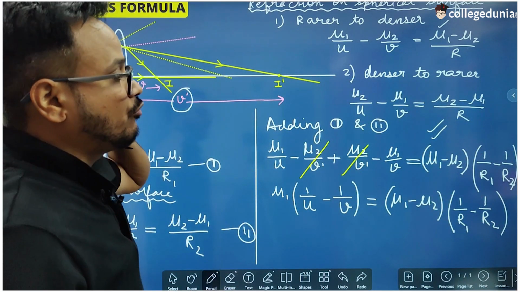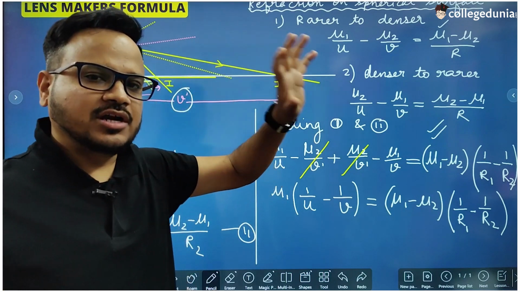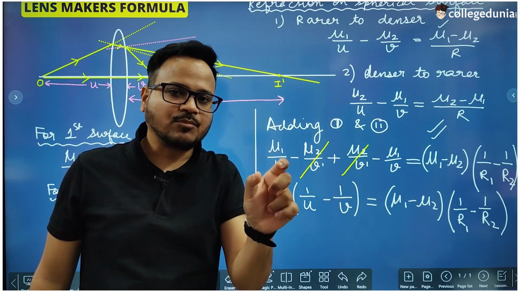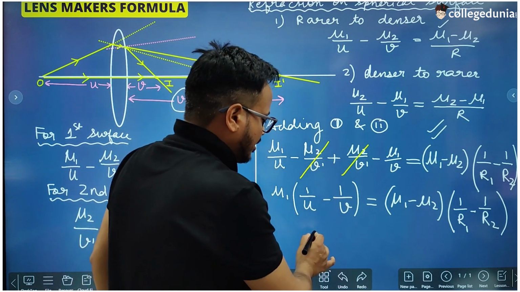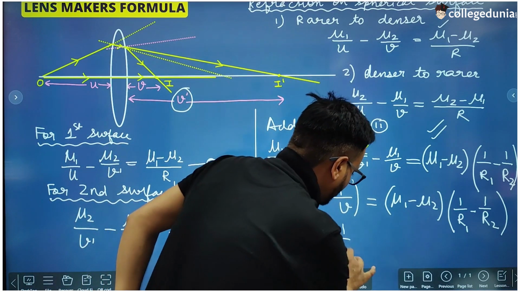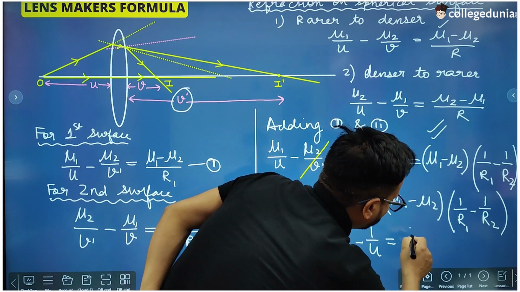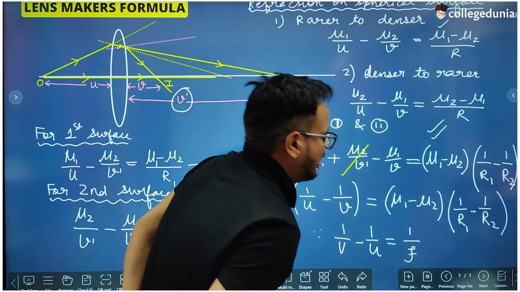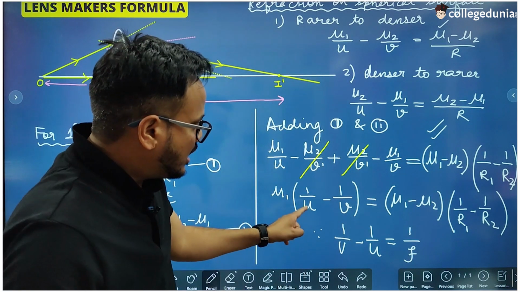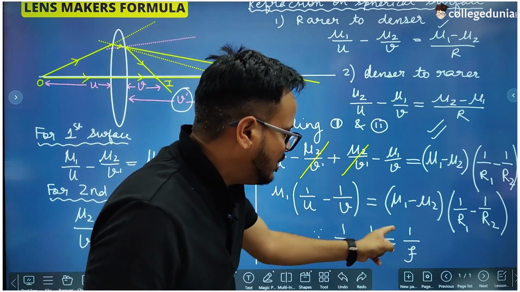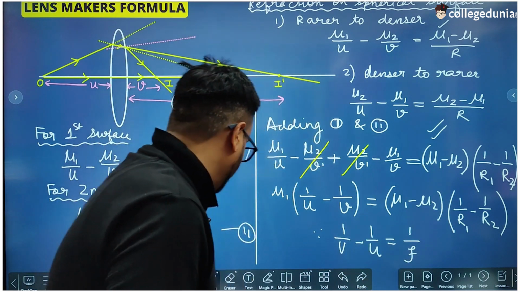And we know from the thin lens formula that you have studied in class 10th also, 1 upon v minus 1 upon u is equal to 1 upon f. Here we have 1 upon u minus 1 upon v. So in place of 1 upon u minus 1 upon v, we can put minus 1 upon f, right?